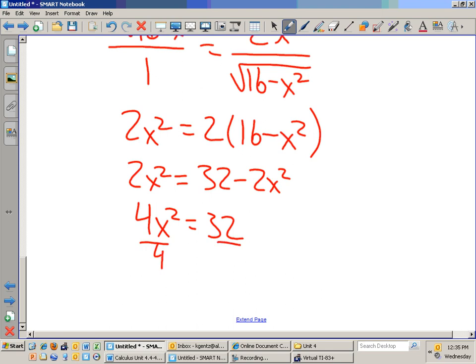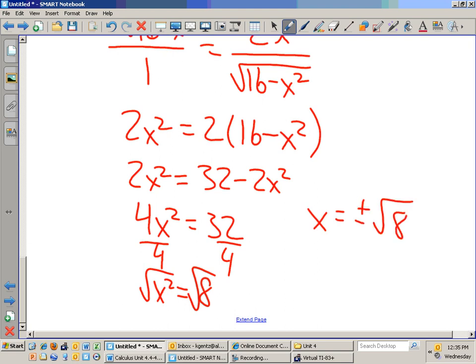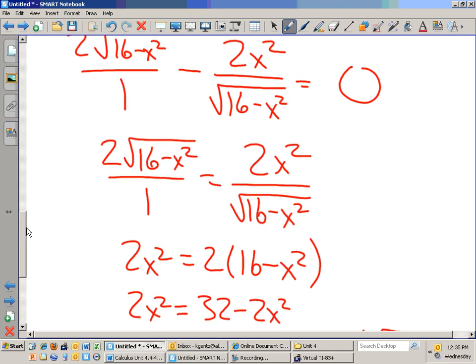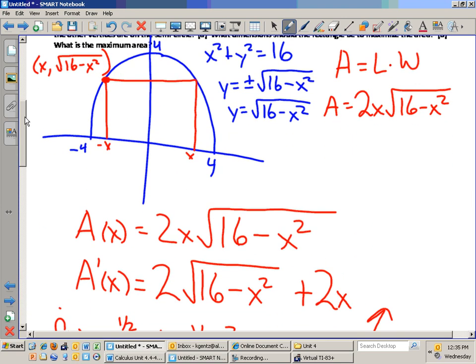Divide by 4. x squared equals 8. Square root both sides. x is equal to plus or minus the square root of 8. So now you can solve the whole problem because you know that this spot right there is the square root of 8.